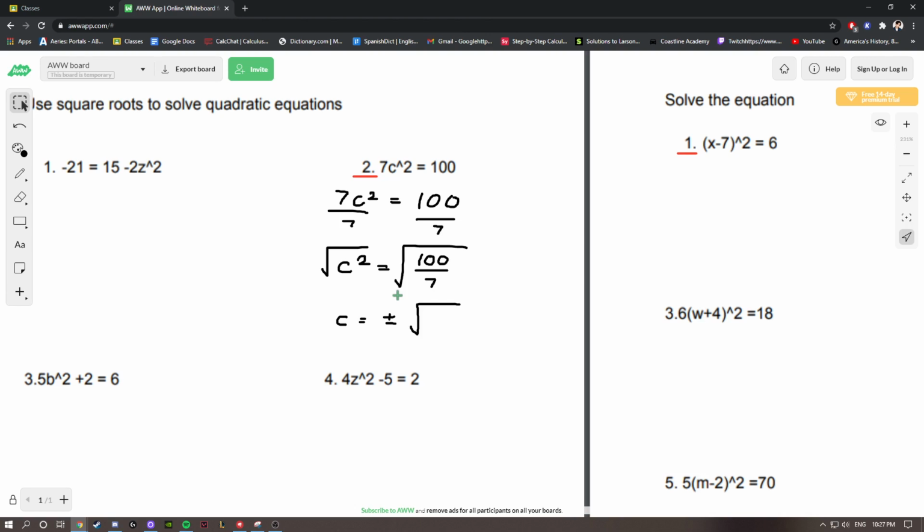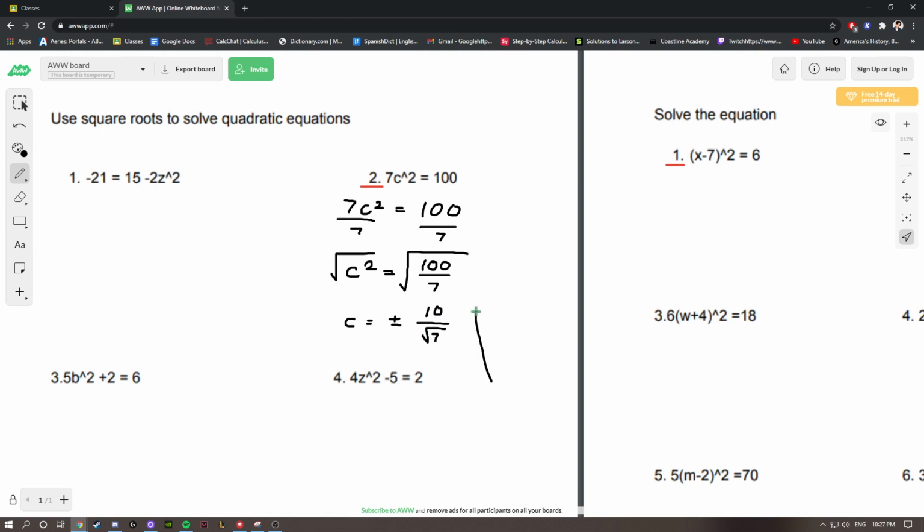Let me rewrite that. When we square root a fraction, we square root the top number and the bottom number. So we could square root the top number 100, which is 10, and 7 is a prime number, so when we square root it, it just stays square root of 7.